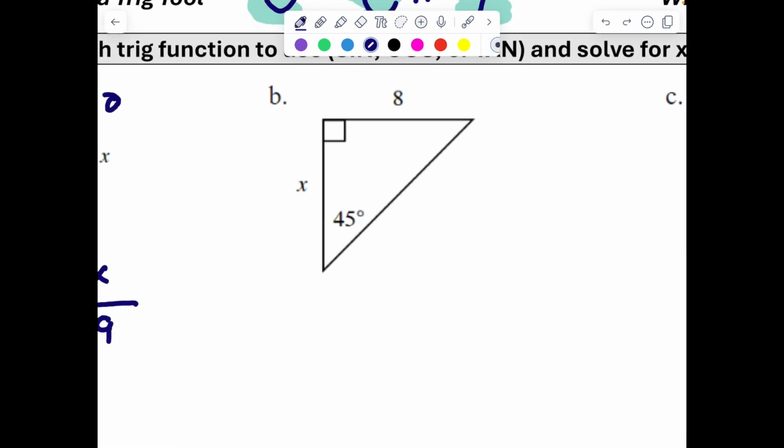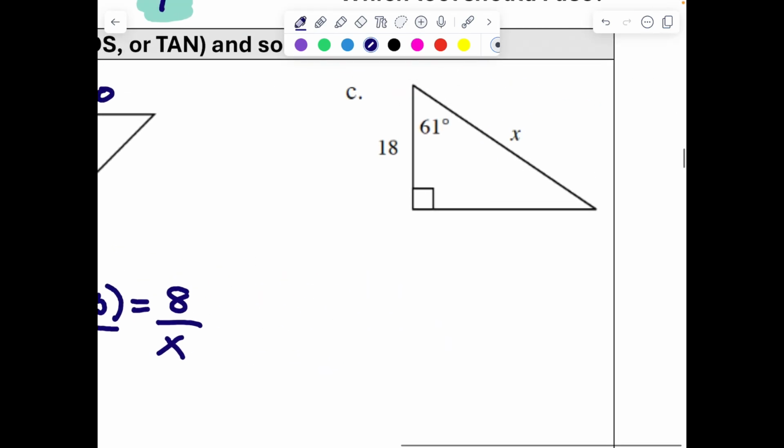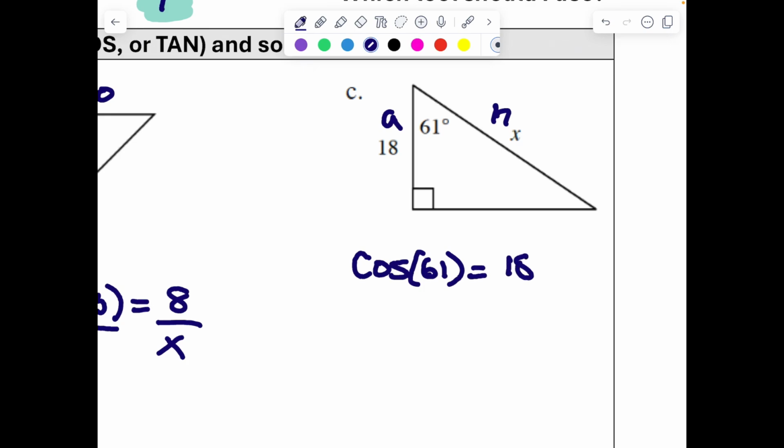Here we have the opposite and adjacent, so this is going to be tangent of 45 equals opposite over adjacent. Here we have hypotenuse and adjacent, so that's cosine of 61 is 18 over x.